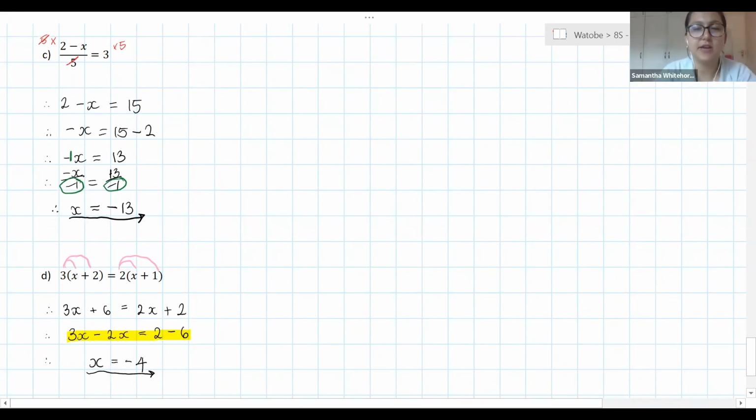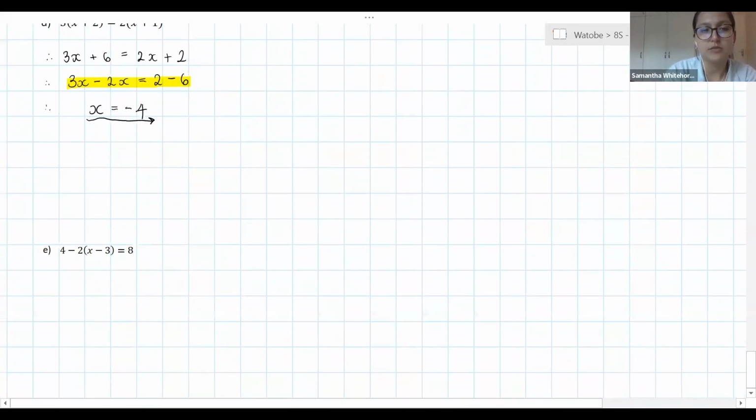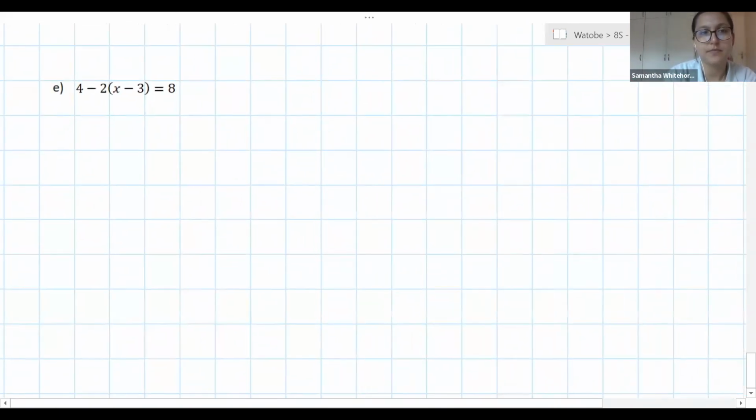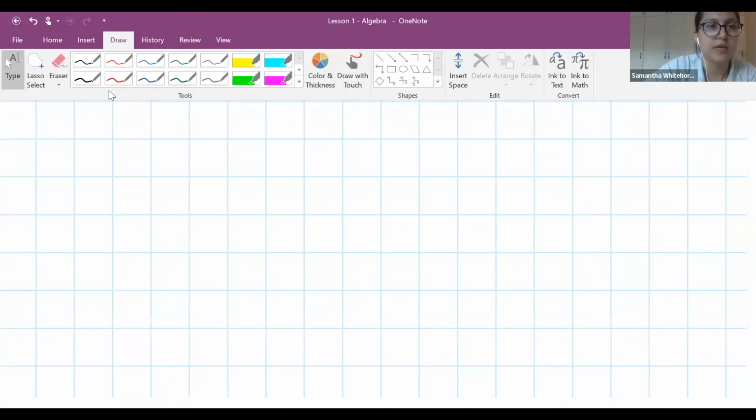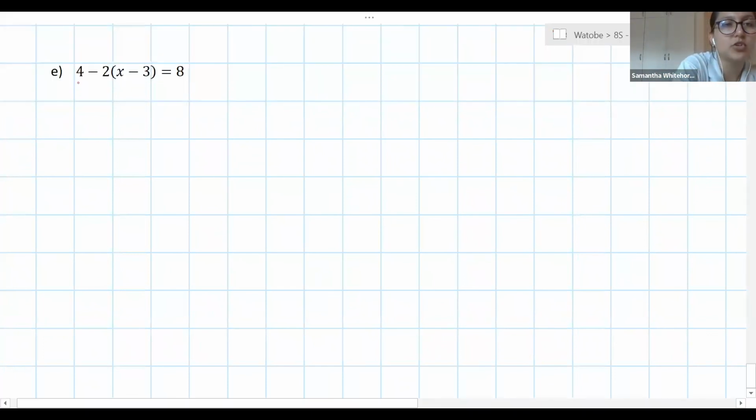All right, and then we're going to end off with E, which is one that sometimes throws us a little bit. So I'm going to do a bit of an explanation, but then I'm going to get you to do it by yourself. What I want you to notice here is that you have got two terms on the left-hand side. So you've got a term 4, and then you've got the term -2 times x minus 3.